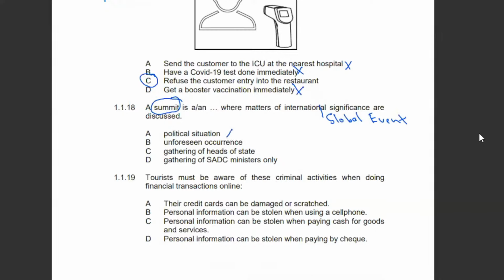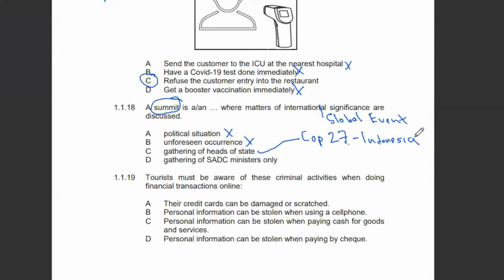It cannot be a political situation. It can also not be an unforeseen occurrence, but it can be a gathering of heads of state. For example, recently there was a gathering known as COP27, which took place in Indonesia. So it is a gathering of heads of state from different parts of the world.